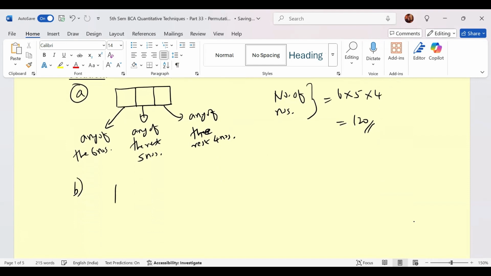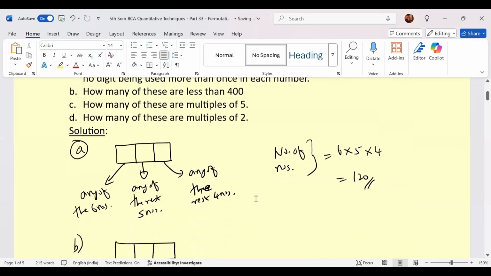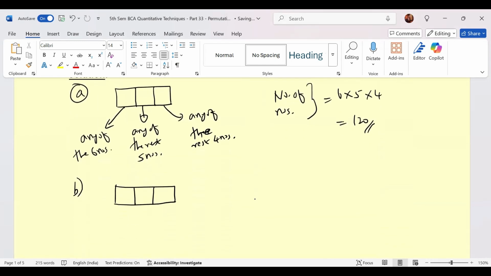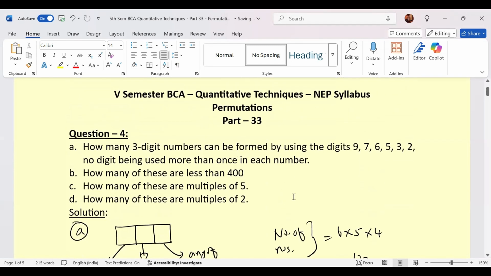So it's a 3-digit number again. Less than 400 means the 100th digit can be occupied by either 3 or 2.